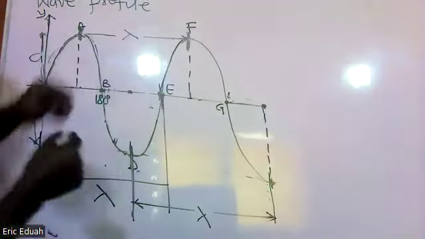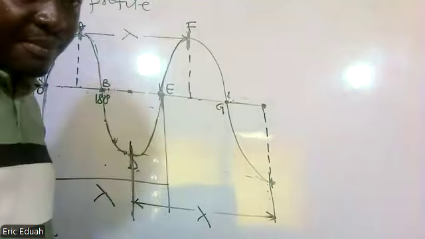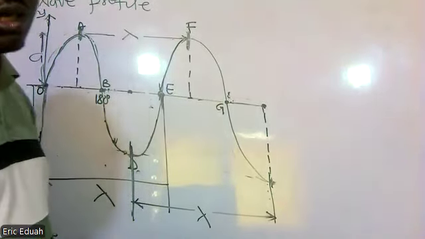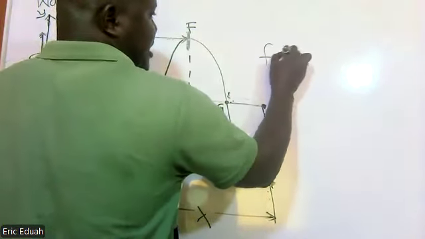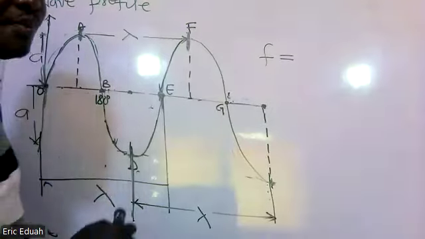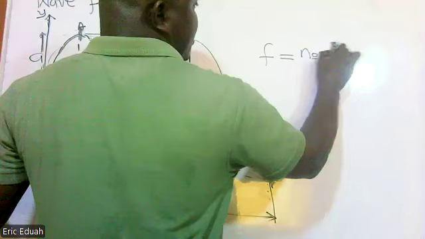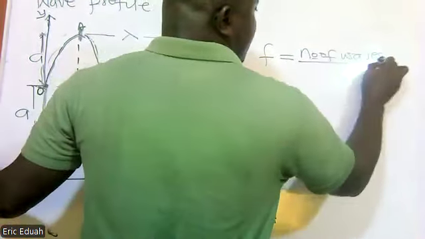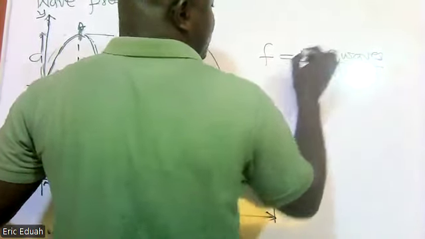It is actually within a given time, but we are narrowing it down to a specific time, which is 1 second. So frequency F is equal to the number of waves or cycles within 1 second.